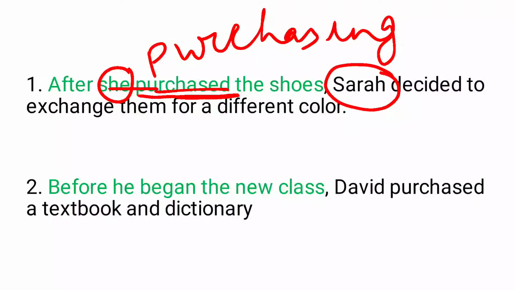Let us take one more example. Before he began the new class, David purchased a textbook and dictionary. We have to keep in mind that the subject of both the adverb clause and the main clause should be the same, that is our subject David. So we can omit he from here and change our verb began to ing form, that is the present participle beginning.